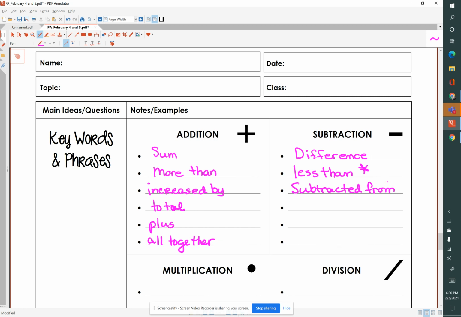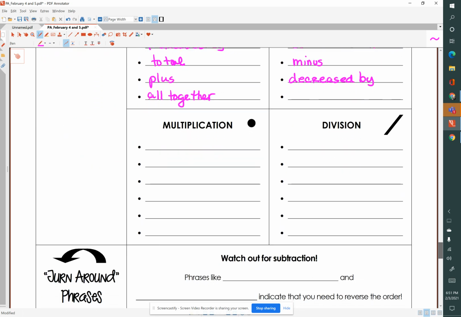And these two are turnaround phrases, and we're going to be talking more about those. We can use minus, and we can use decreased by. When we multiply, we can use the word times. The answer we get when we multiply is the product.